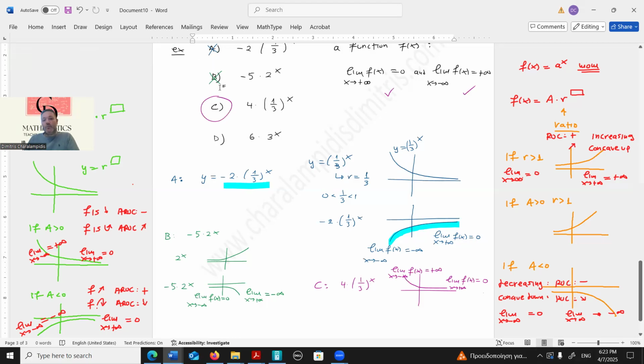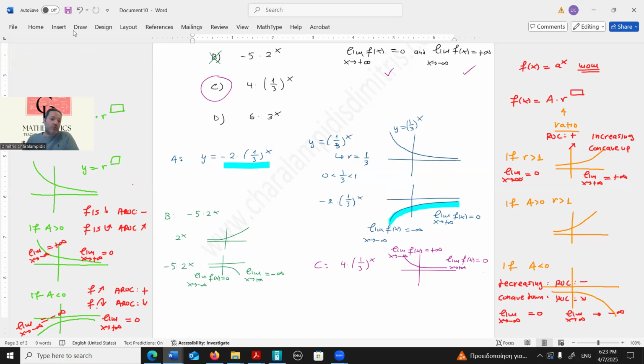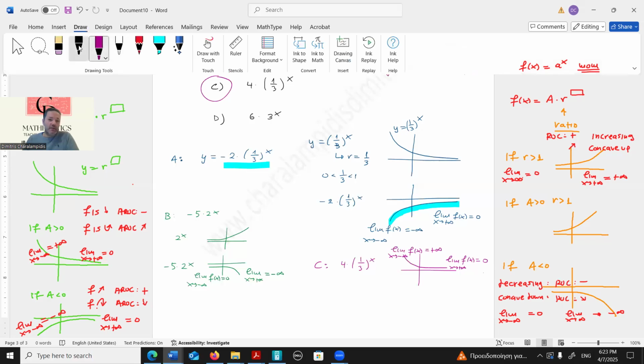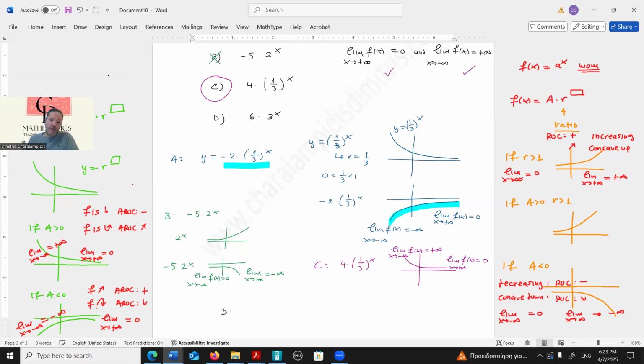Let's see, however, how can we be sure? Why isn't it D? Because in D, we start with 3 to the power of x, which will look like that. And then since we multiply by something positive, it will still be like that. So the limit of f of x when x tends to plus infinity should be plus infinity, and therefore it cannot be that.